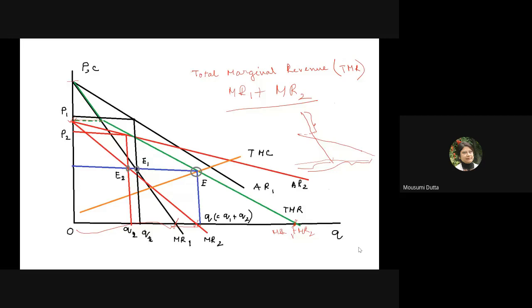TMR is now in our hand. And from the given cost function, we will be able to derive the total marginal cost. Now, marginal cost, from your earlier semester, you have knowledge. The rising part of the MC above the minimum of AVC will be relevant for us. So I am considering only the rising part of the MC.